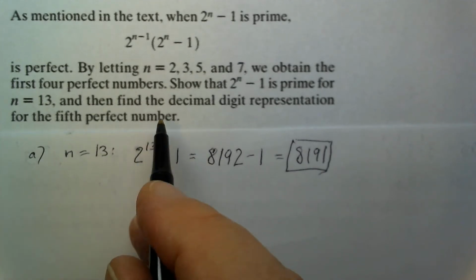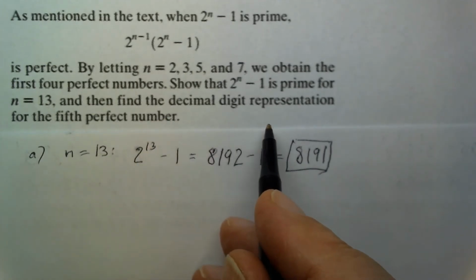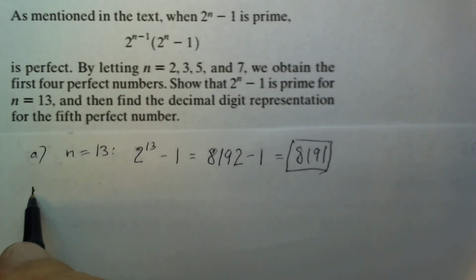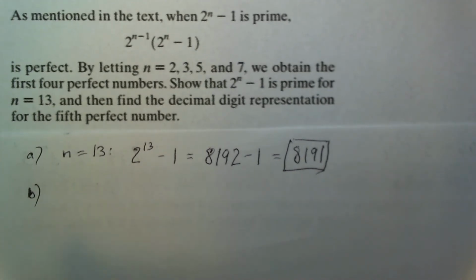Now for the B part, to find the decimal digit representation for the fifth perfect number, let's proceed like this. From the A part, we have 2 to the n minus 1 times 2 to the n minus 1.